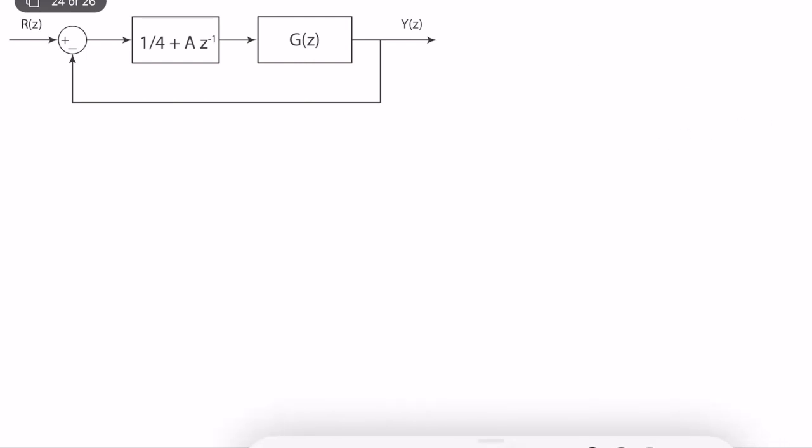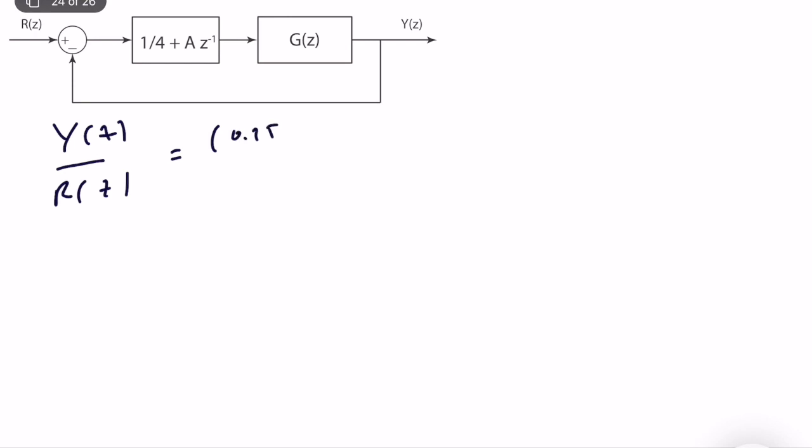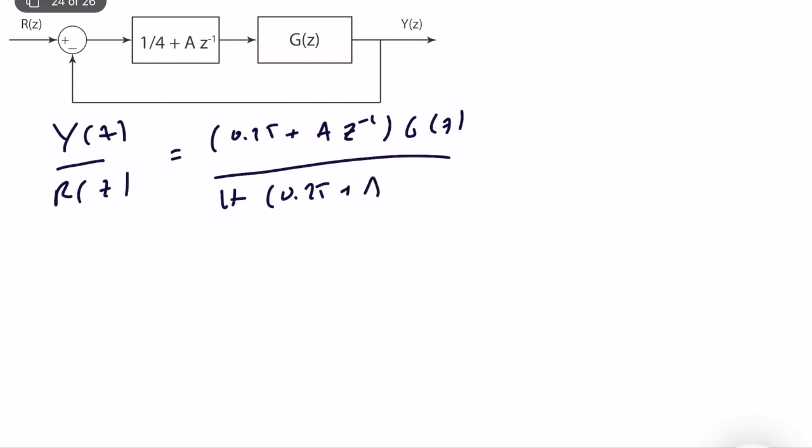Let's analyze the specific example. Y(z)/R(z) is equal to (0.25 + a z^-1) G(z) divided by 1 + (0.25 + a z^-1) G(z). So what is the equation that we use to compute the roots?